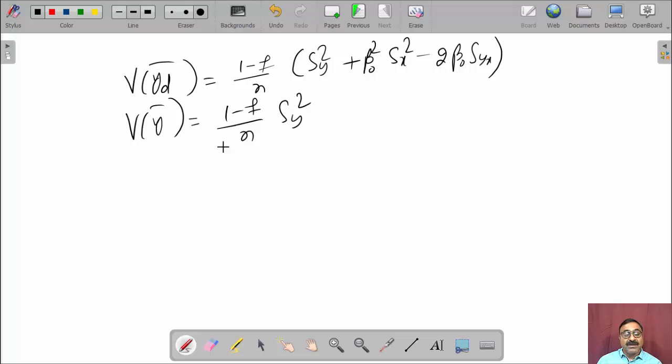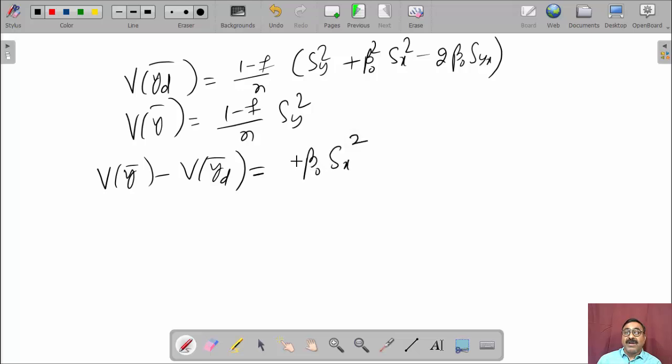Now if we subtract variance of y_D bar from variance of y bar, this will be (1 minus f) by n times (2 beta 0 syx minus beta 0 square sx square).